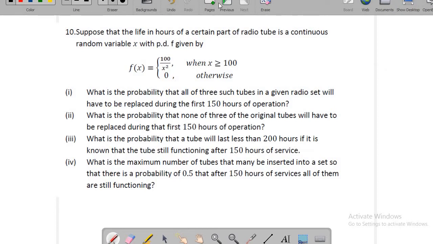So if you recall yesterday's thing, if you know f of x is the probability density function, then we know how to calculate probability that a less than or equal to x less than or equal to b. So this can be calculated like this: integral a to b f of x into dx. So this is the formula, you need to use it here, that's it.